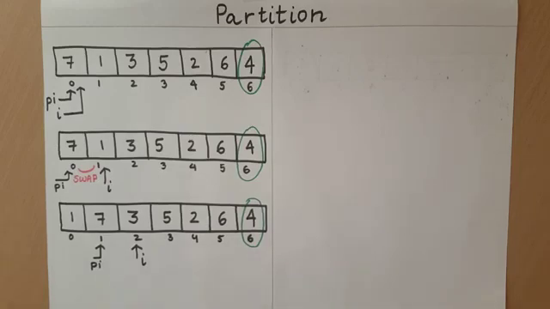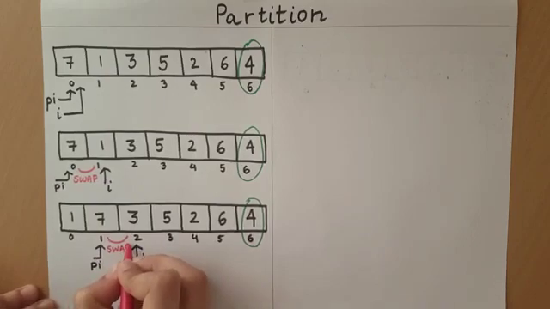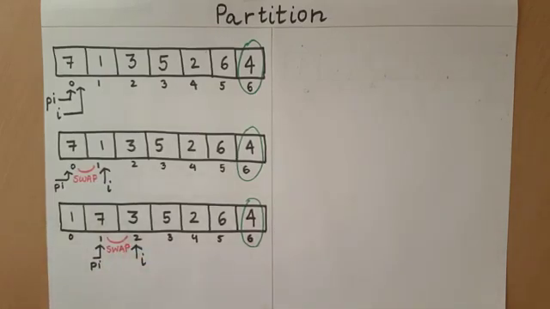The first change we will make is to swap Pi and I, the elements at Pi and I. Upon swapping these two elements, we will get an array which looks like this.